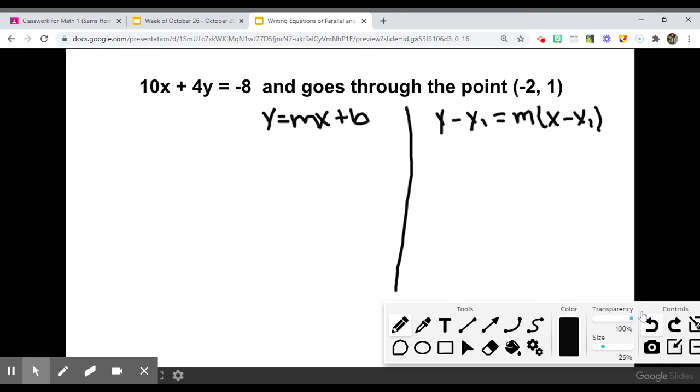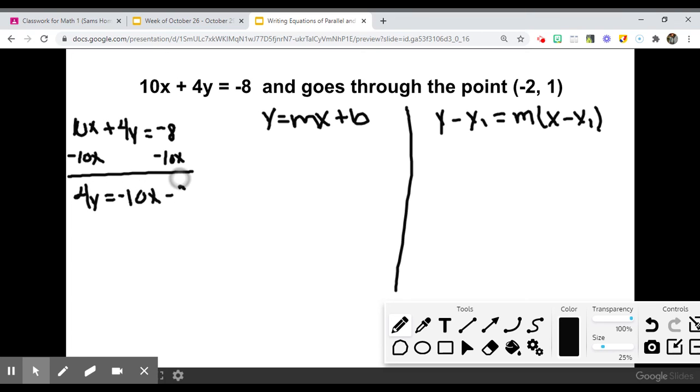Okay, so getting started, first we're going to get the y by itself. So we have 10x plus 4y is equal to negative 8. We're going to subtract 10x on both sides. And then we have 4y left, negative 10x, negative 8, and then we're going to be dividing by 4 on both sides.